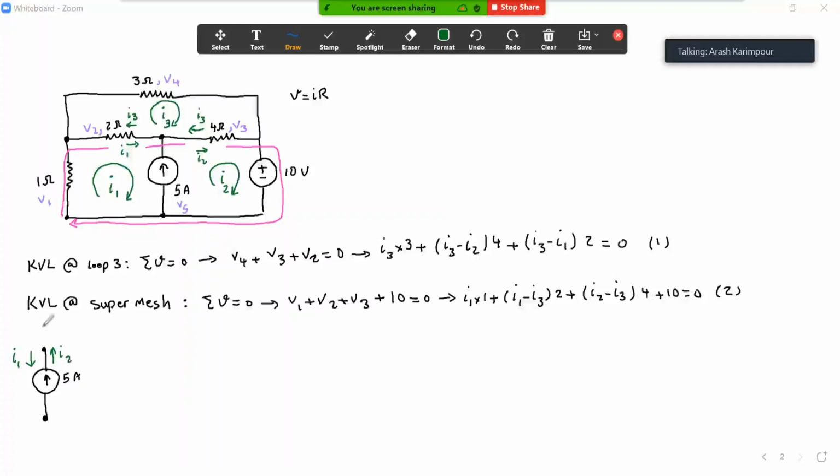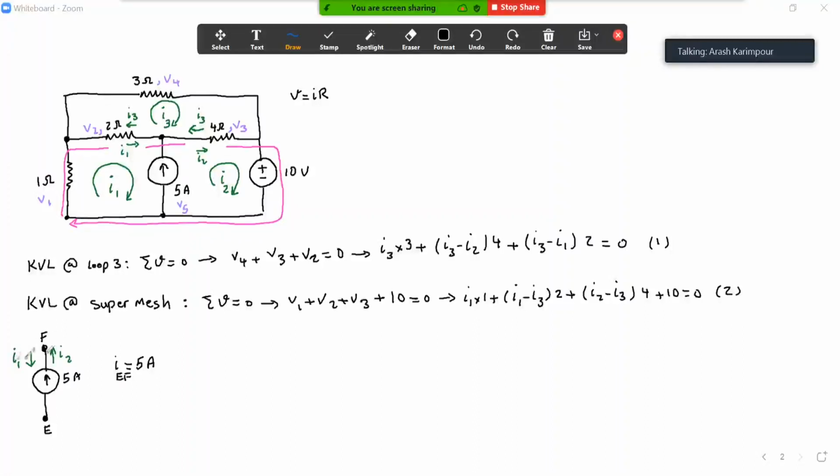I know that the current in this wire, whatever it is, is going to be 5 amp. For example, let me name these 2 points E and F. I know that the current going from E toward F is 5 amp because I have that current source in there.